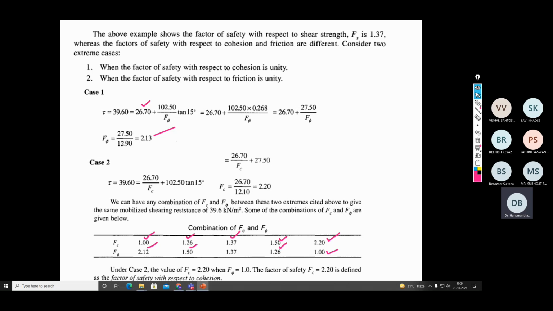So, sir, according to you, for what parameter will it be designed? It is not what parameter we will design. We will understand the condition, which condition is making the slope the most unstable.